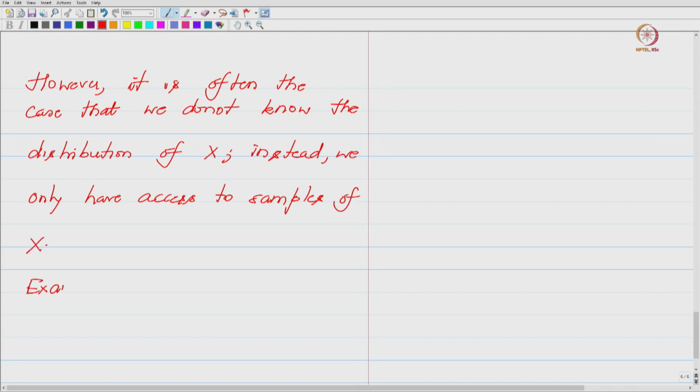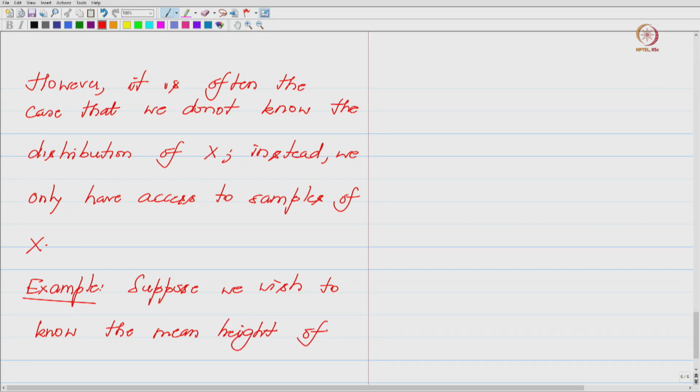Example, suppose we wish to know the mean height of an Indian at age 25. Now, a general person would not have access to the nationwide health records.